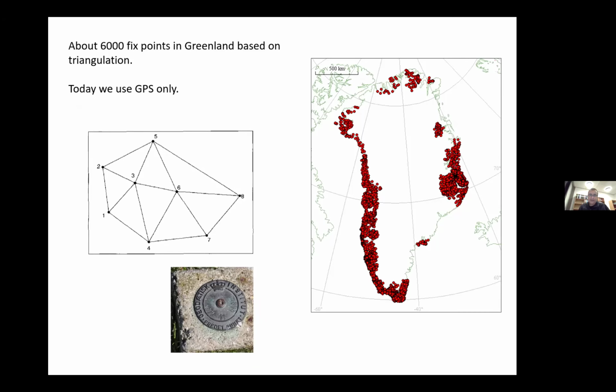If you go to Greenland, you will see markers on the ground, and they are still there, and we still use them as fixed points. But in the old days it was using triangulation, and now we simply use GPS.